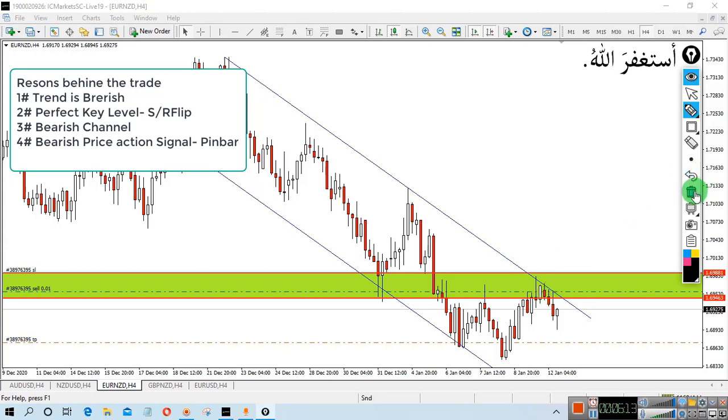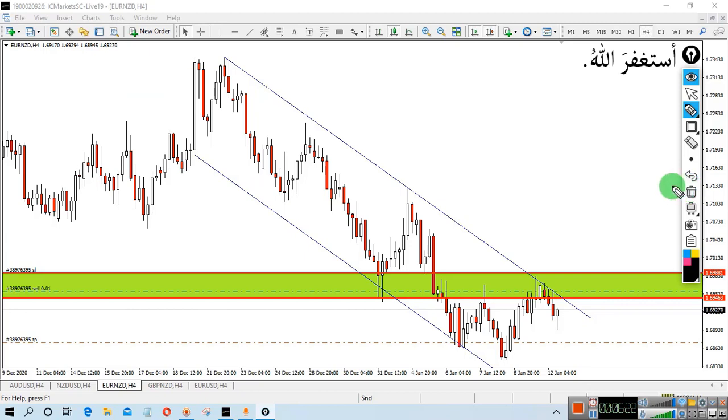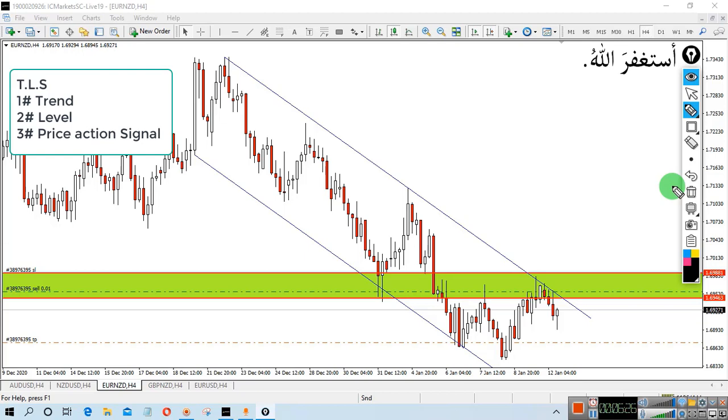So let's talk about whether this trade fulfills our TLS strategy or not. I told you in the previous video, TLS strategy defines 3 points. T means trend, L means level, and S means the signal. So first thing is T, trend.